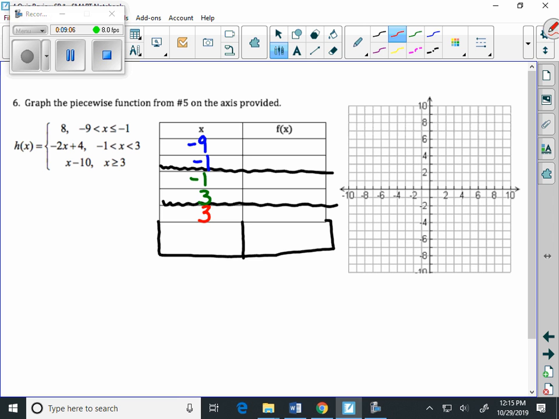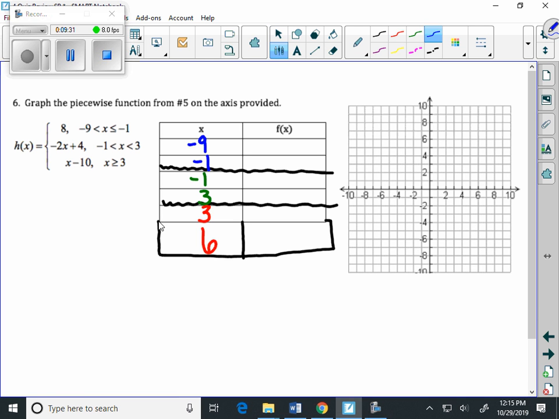Pick something so it's spread out a little bit, like maybe 6. You can pick 4, it's just really close together and then you can't tell which direction to go. That's the only reason why I picked something a little away from 3. And once we pick that, we're doing the evaluation just like we did on that last problem.